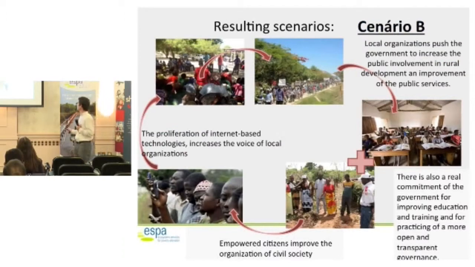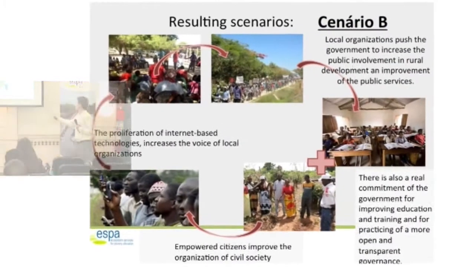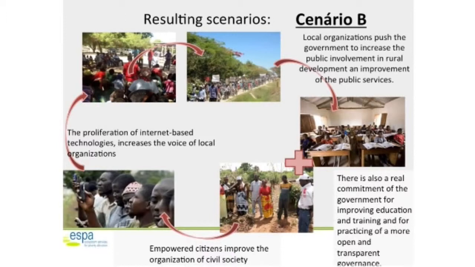In scenario C, the government would give more effort to education and training, and the local society would organize better, would increase the organization, in part facilitated by the new technologies.